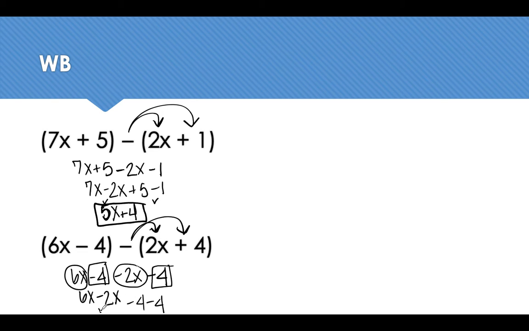When we actually combine this, 6x minus 2x is 4x, and then we have a minus 4 and a minus 4. That is minus 8. So 4x minus 8, or 4x plus a negative 8 is what you should have for this second answer.